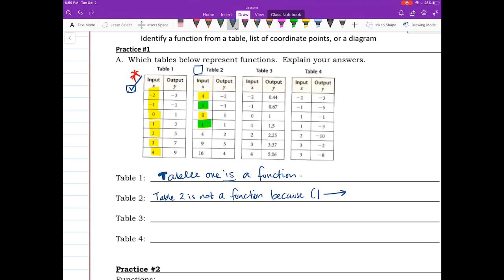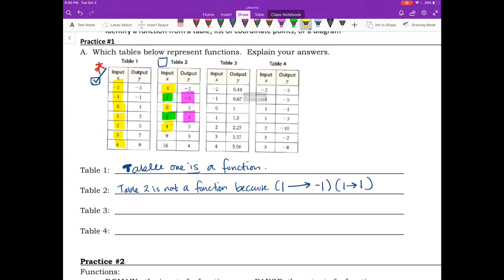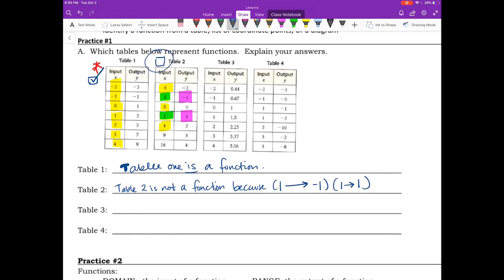Because 1 went to who? -1. And 1 went to +1. It went to 2 different outputs. Your x's repeated. And then look, didn't they repeat here too? Look at 4 and 4. So definitely not a function. So here, you would not check it.